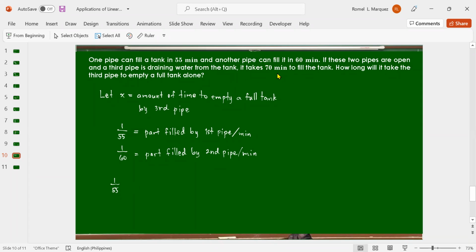Para mapuno daw yung tangke 70 minutes. 1/x naman yung na-empty per minute ni what? Part emptied by third pipe.